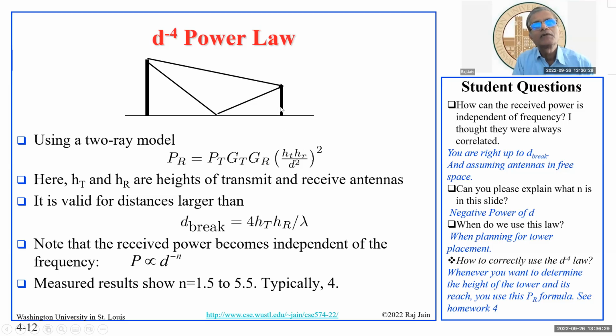Receivers are all on the ground, maybe 5 feet off the ground. The only thing you can control is HT, height of the tower. And D, the distance you want to cover with it. Because then there will be the next tower that will cover you.